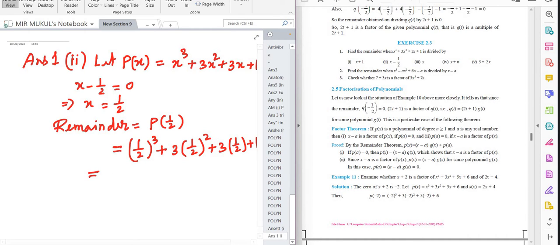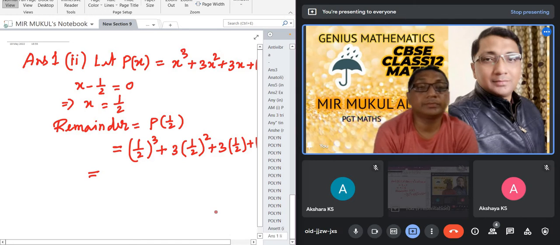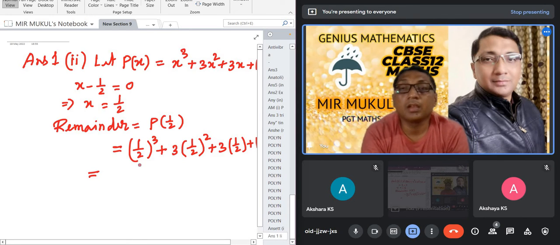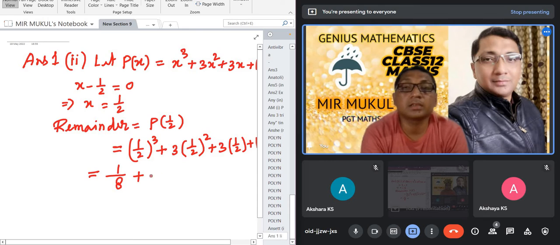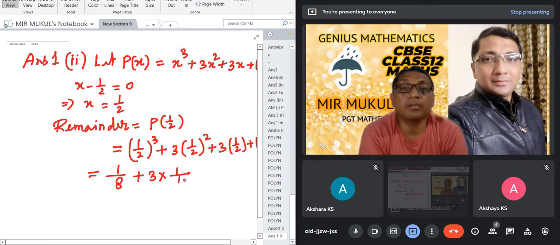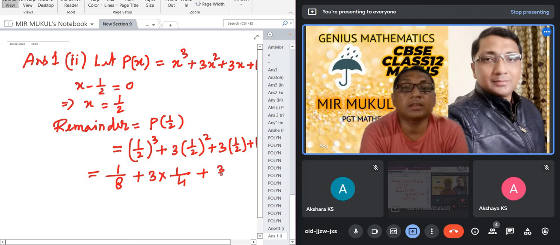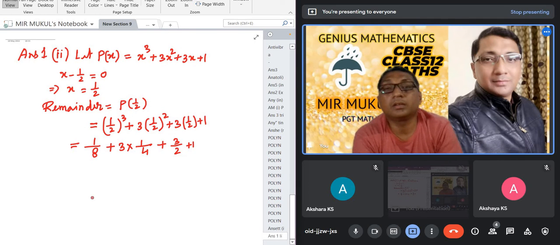Akshara, what is the value of 1 by 2 cube? So 1 by 8. 1 by 8 plus 3 into 1 by 2 square, so 1 by 4. And if you multiply 3 and 1 by 2, we'll get 3 by 2 plus 1.